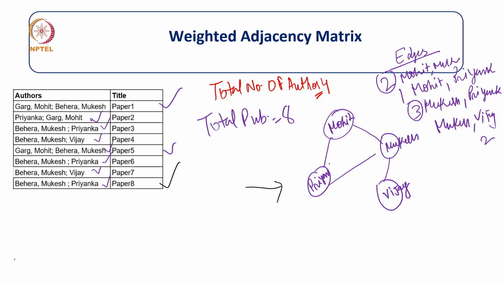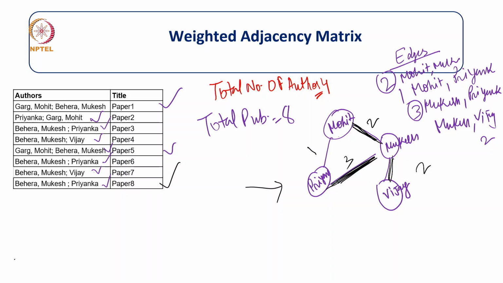For Mohit and Priyanka, there is only 1 publication. For Mohit and Mukesh, there are 2 publications. For Mukesh and Priyanka, there are 3 publications, and Mukesh and Vijay 2. So we will make this edge only this much thickness, but increase the thickness of this edge, which will be the thickest because it has the most publications.